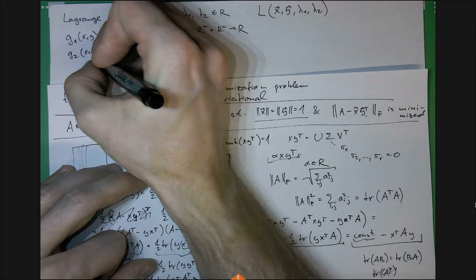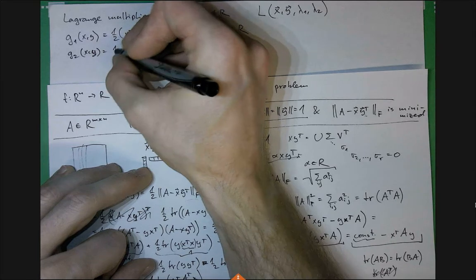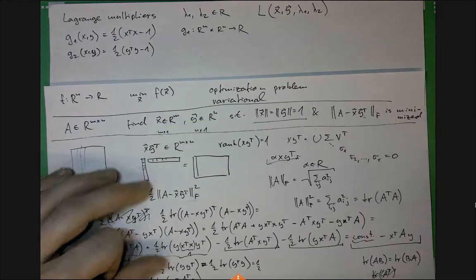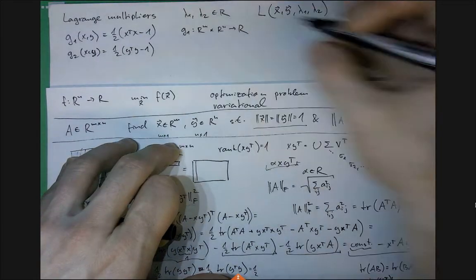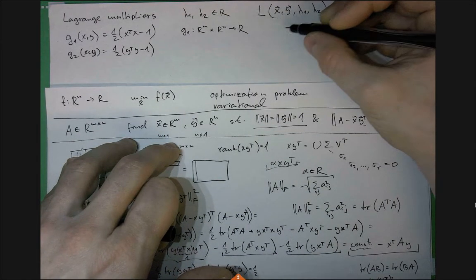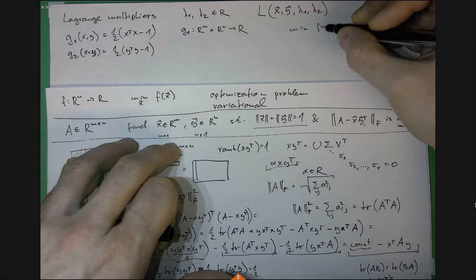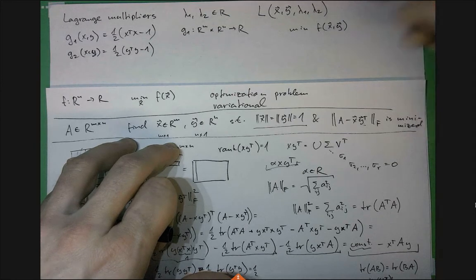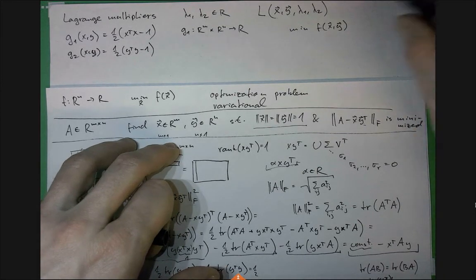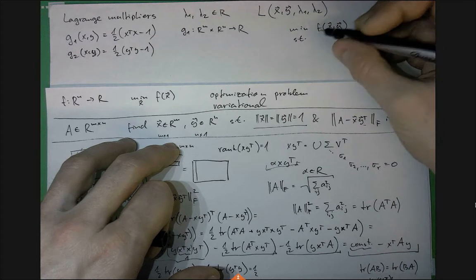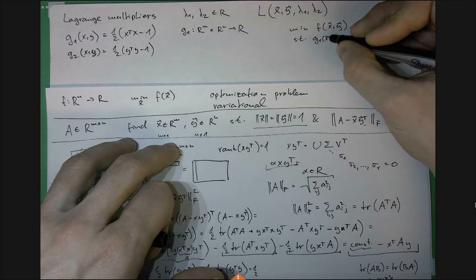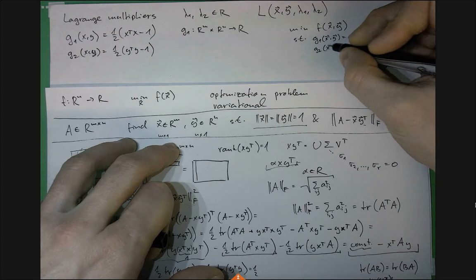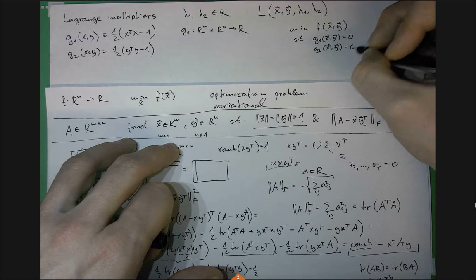g2 will be similar, except that it will be measuring the length of y minus 1. And why I'm writing it this way is that I want to put it into the standard formulation when I'm minimizing f of x, y subject to the constraints that g1 of x, y is 0 and g2 of x, y is 0.